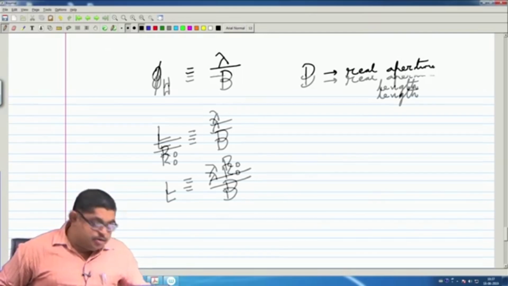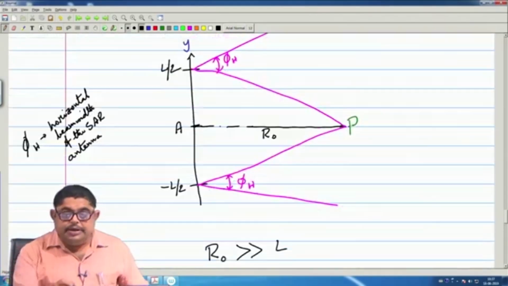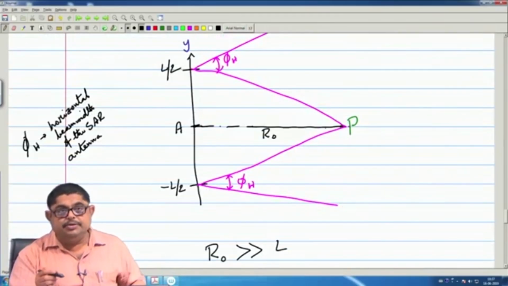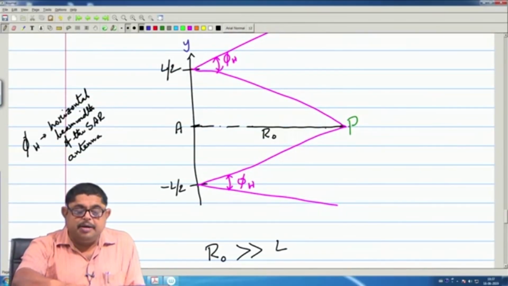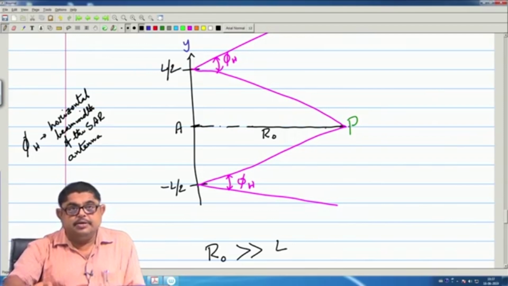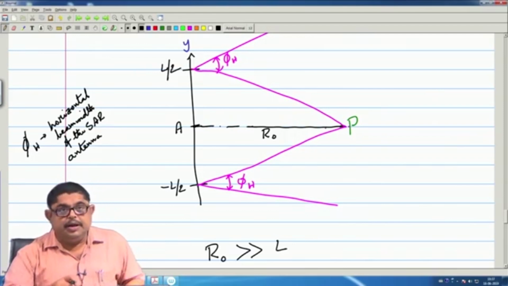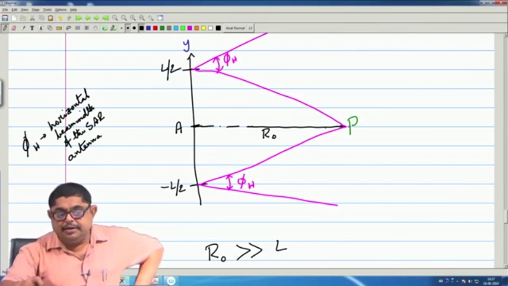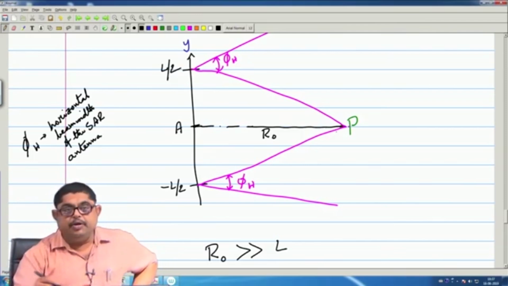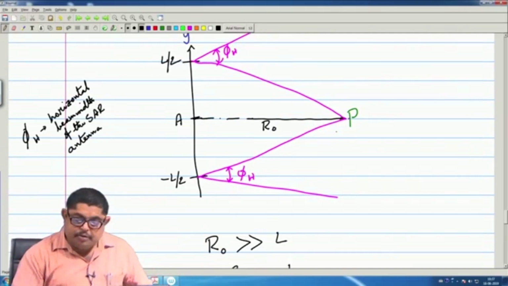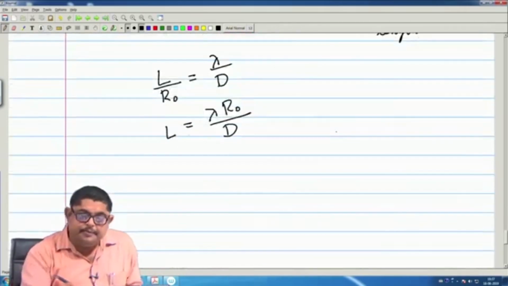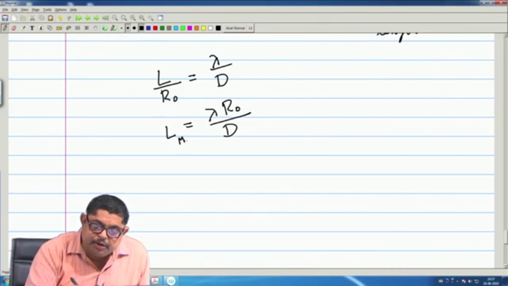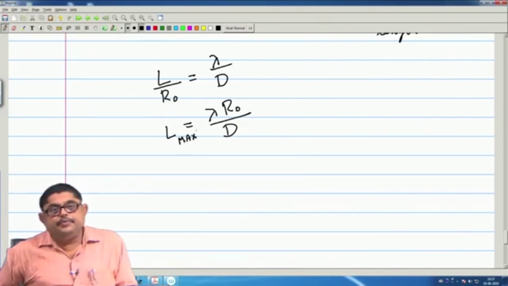Now, this is the maximum that we can have. Maximum L should be like this. If L is more than this, then this point P cannot be illuminated by this. So, basically I can say that this is the condition for L max.